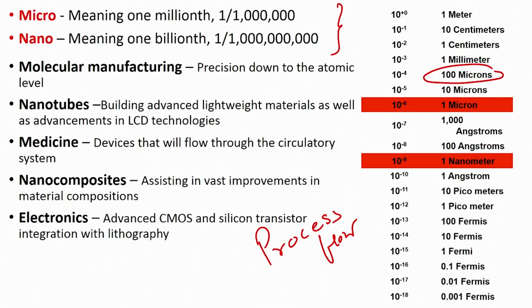When you talk about molecular manufacturing, what does that mean? Precision down to the atomic level. When you talk about nanotubes, we are talking about building advanced lightweight material as an advancement in LCD technologies. When you talk about medicine, we have devices that will flow through the circulatory system, devices that can evaluate the efficacy of a drug, devices that help us screen the drug, as well as devices for several surgical applications.